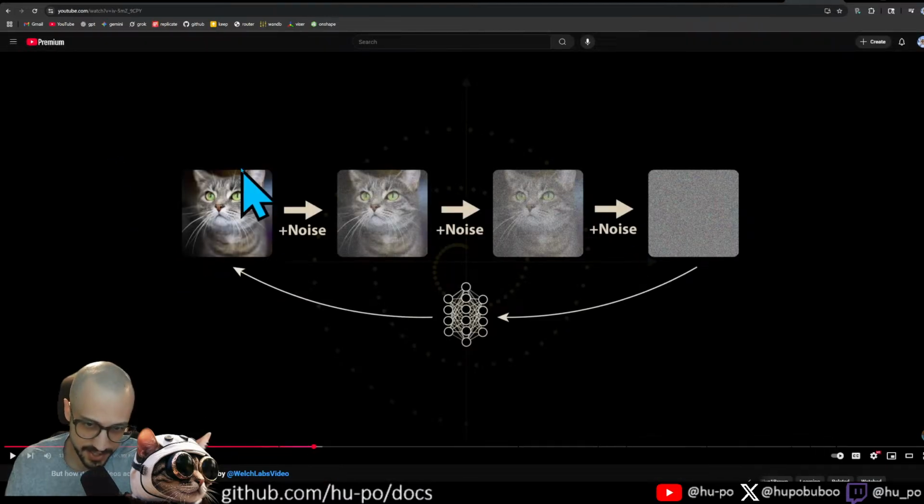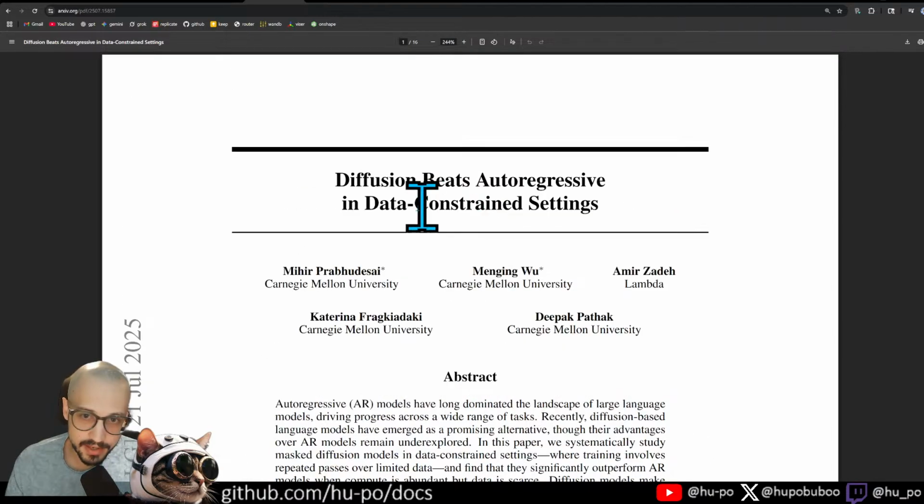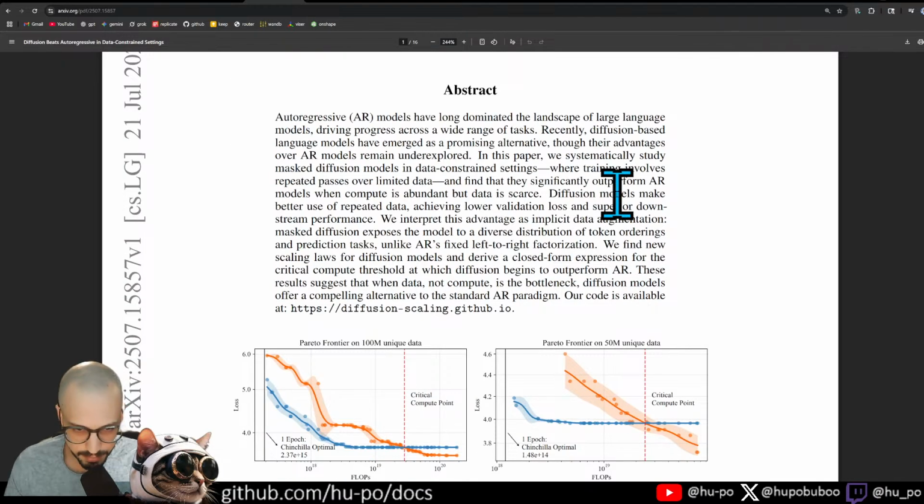Even if you keep feeding the same image of the cat into this diffusion model during training, you're always starting from a different noise. So you're going from a different noise to this cat. And then maybe one epoch later, when you see the cat again, you start from a different noise. So there's this almost built-in augmentation. And that's why these diffusion models perform better or beat the autoregressive models in a data-constrained setting. That's basically the key finding.